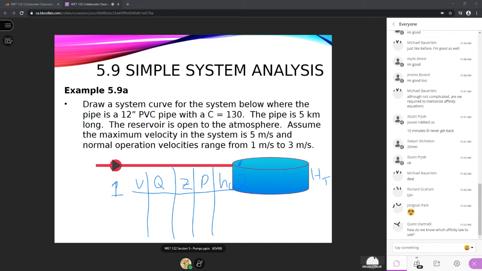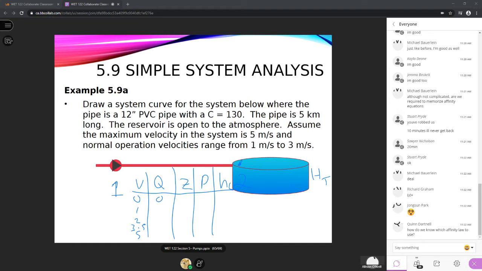When our velocity is 0, our flow rate is 0. When our velocity is 1, 2, let's see, our maximum, let's do 5, and we'll do, I don't know, let's do 3.5. Sorry for the small writing, there's not a lot of space on here.